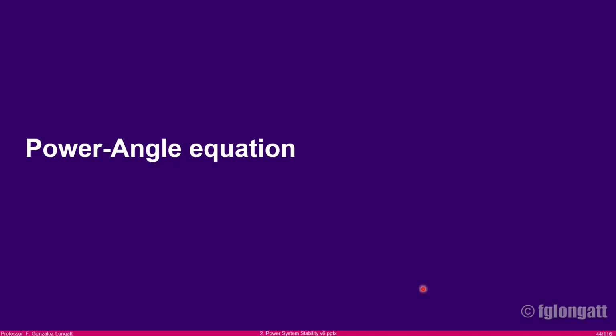My students must recognize this equation, which has been used in the past. All of you have probably used this equation in the course on transmission systems. There is a strong relationship between active power and angle.